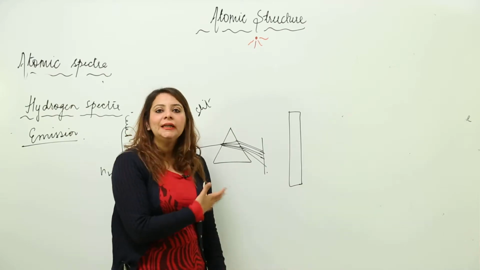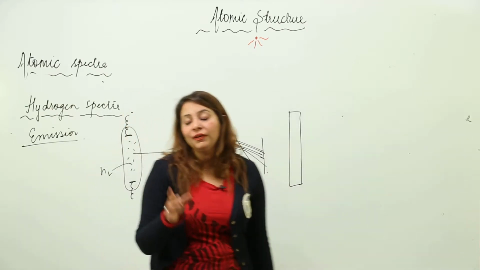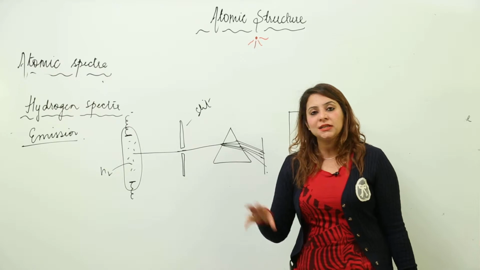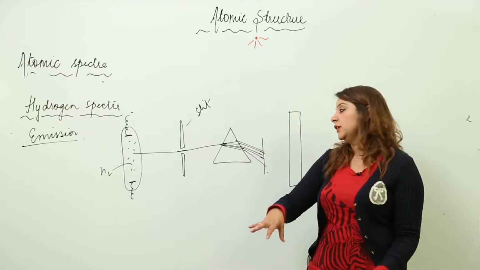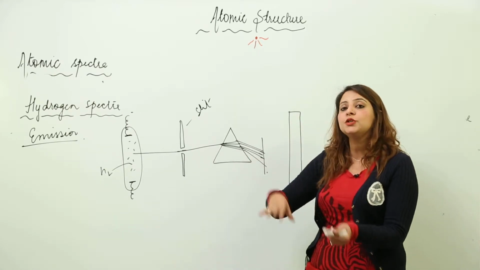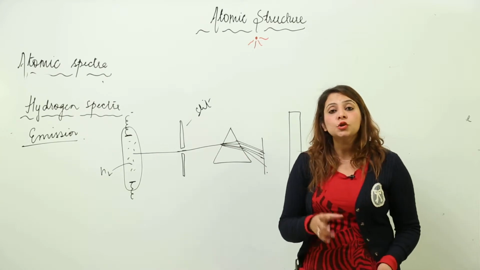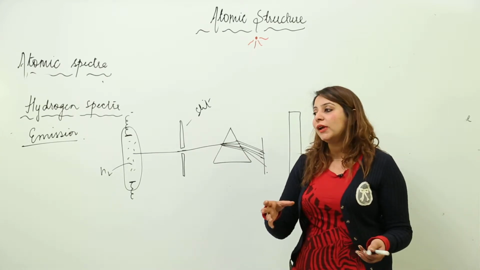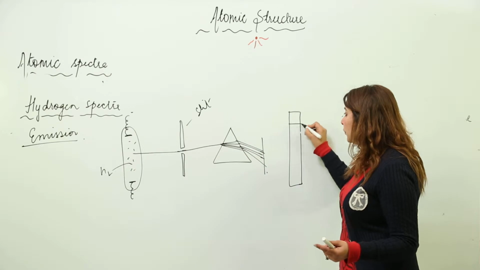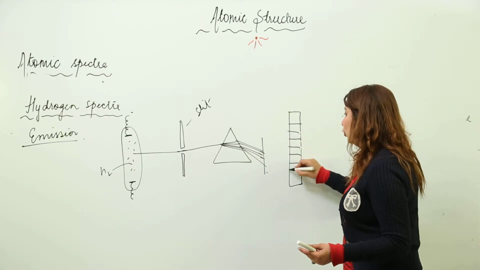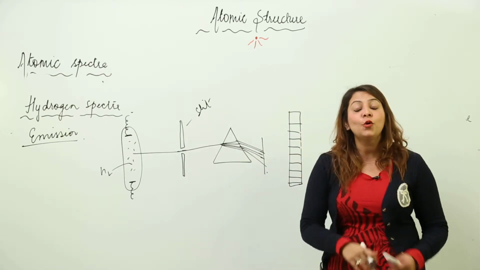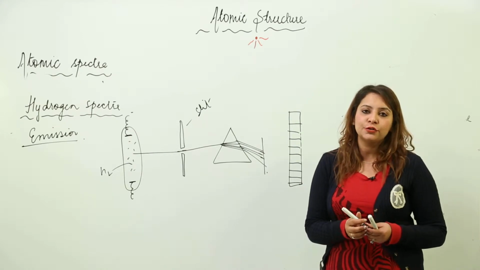So what we obtain here in hydrogen, when we took a hydrogen sample and passed an electric discharge and the dispersion happened, and the radiations were obtained on the screen, we saw that it produced a number of lines, not 2, not 3, not 5, so many lines were produced by hydrogen.